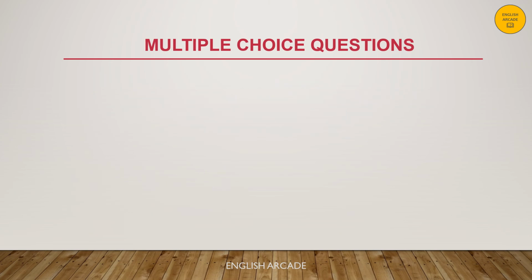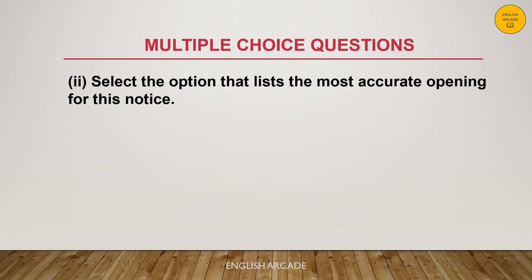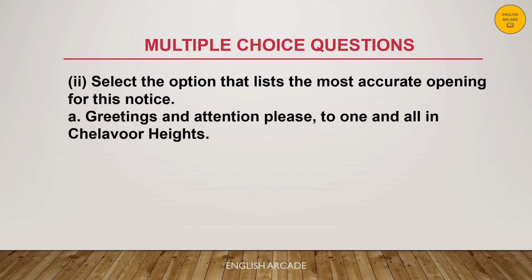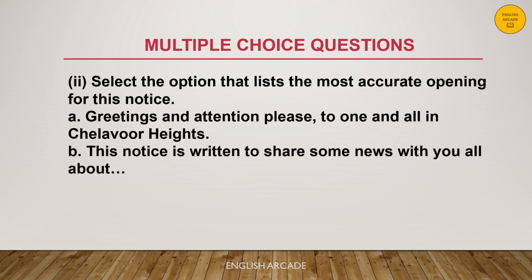Question 2, based on the same extract. Select the option that lists the most accurate opening for this notice. Option A, greetings and attention please to one and all in Shalavoor Heights. Option B, this notice is written to share some news with you all about.